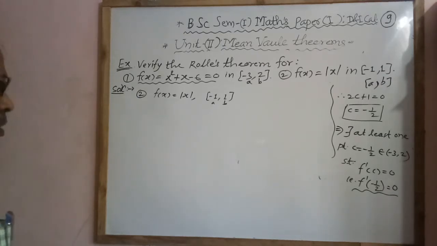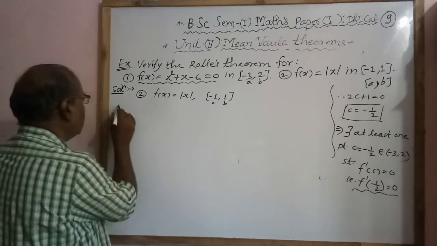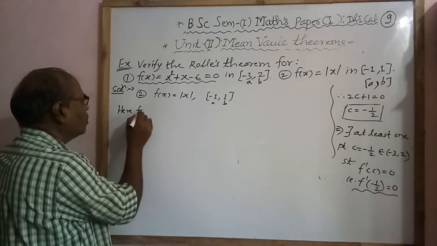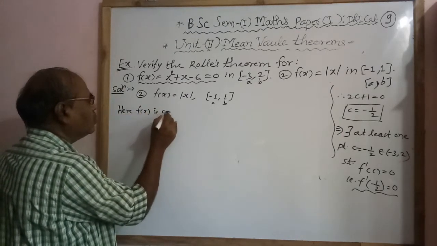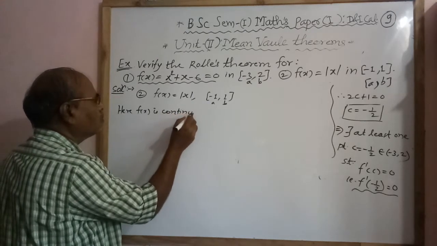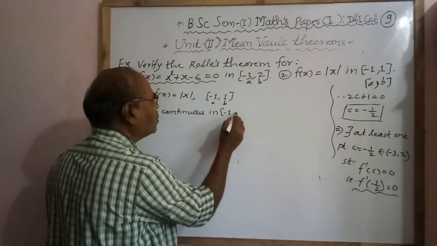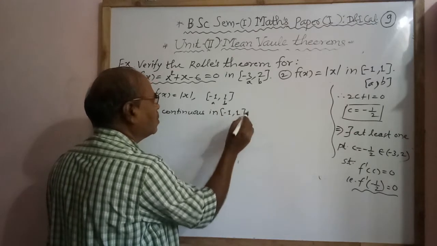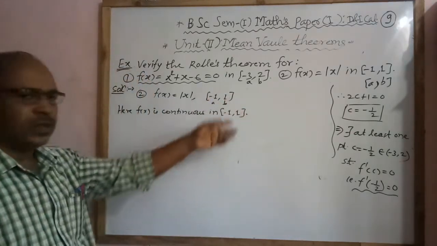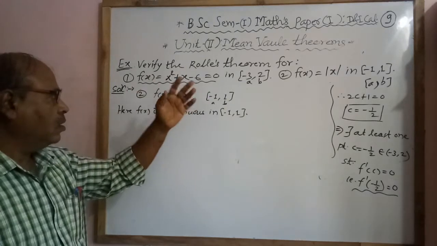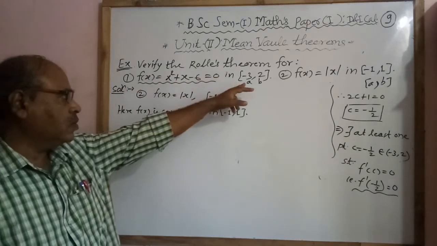Here f of x is continuous in the interval minus 1, 1. Then we check for the differentiability, whether it is differentiable or not on the open interval minus 1, 1.